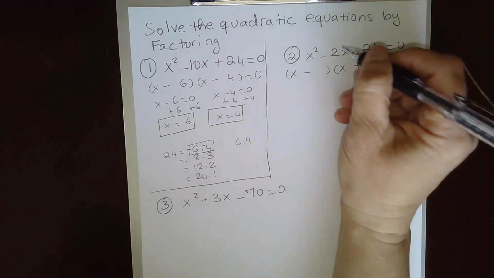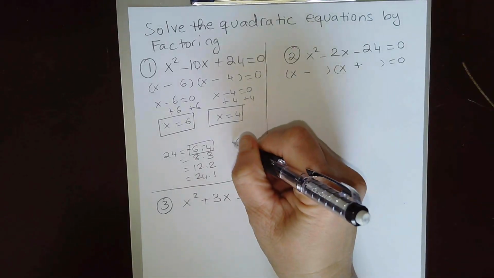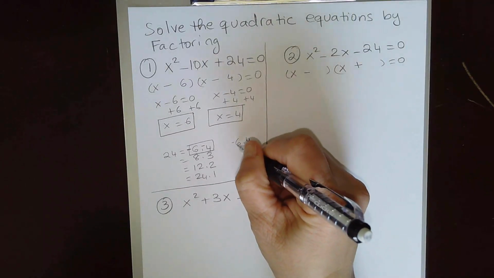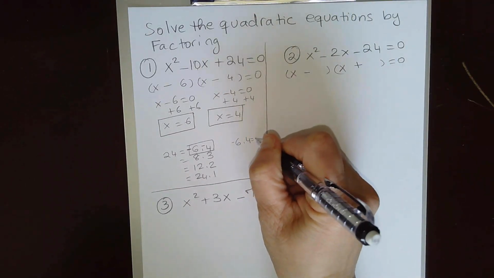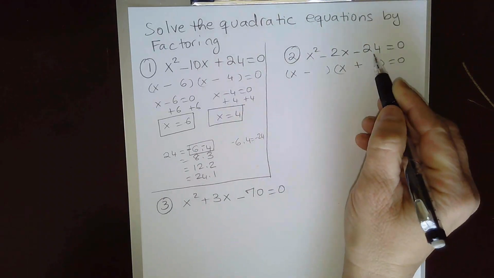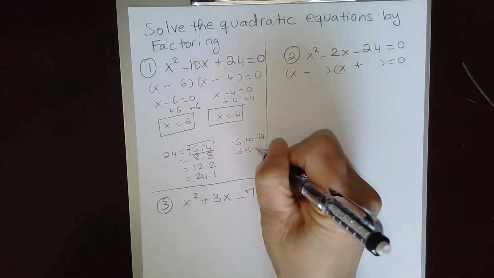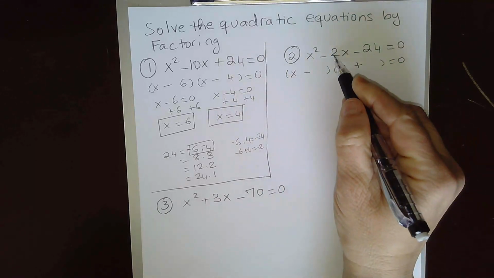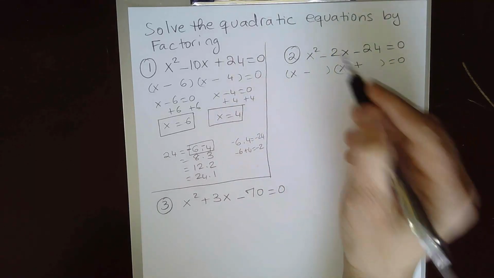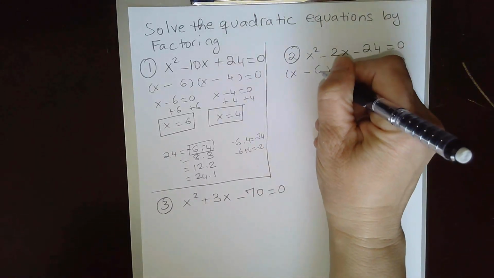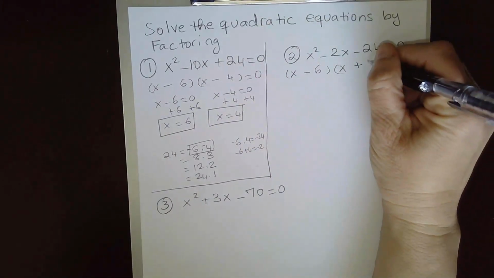Well, since the middle term is negative, the larger one has to be negative, because if I multiply negative 6 times 4 is negative 24. That's the product. And if I add negative 6 plus 4, what do I get? I get negative 2, and that will be the sum in the middle term. So let's go ahead and do this. So you have negative 6 right here and positive 4.